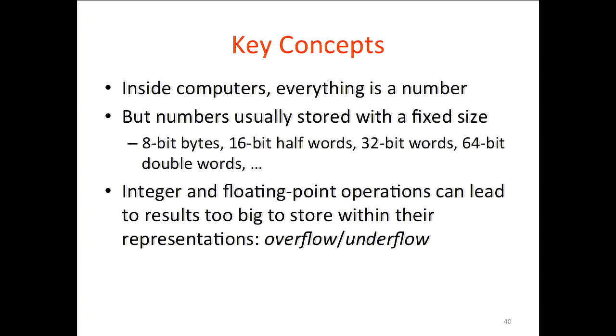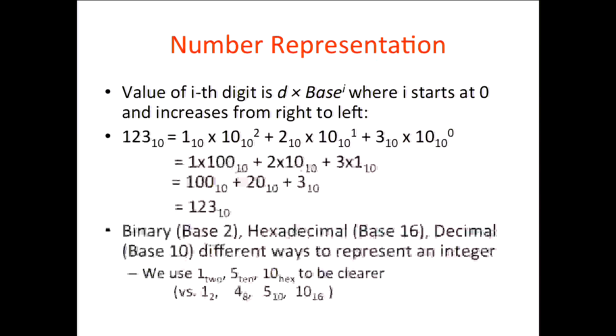And as you'll learn today, we have ways to recognize these cases and correct them. This lets us use this fixed size number representation to do lots of different things. So here is an example of number representation.